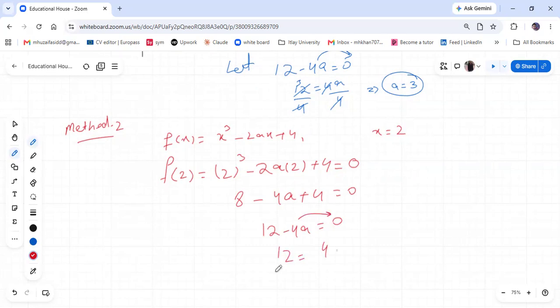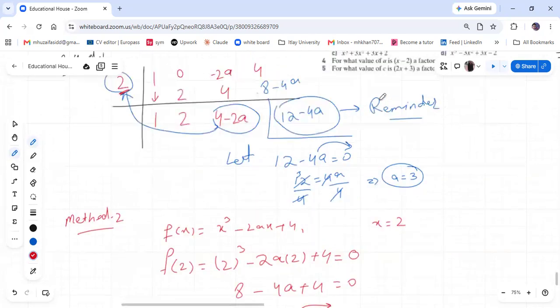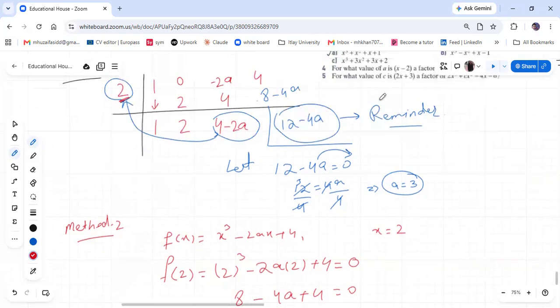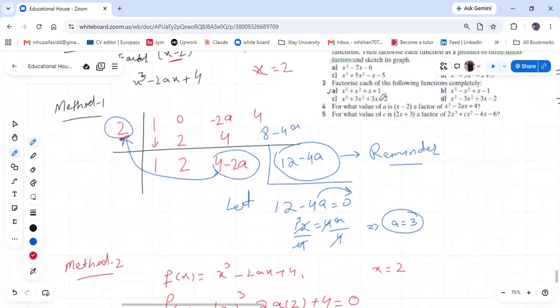Divide by 4 on both sides. Look at it here, this is 3. So a is equal to 3. Got it? So is there any confusion regarding this problem? Here basically we want to find the value of a.